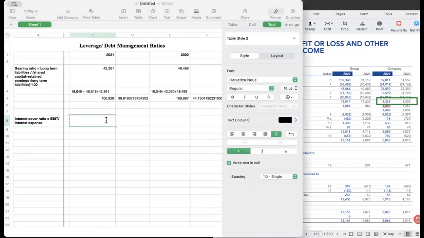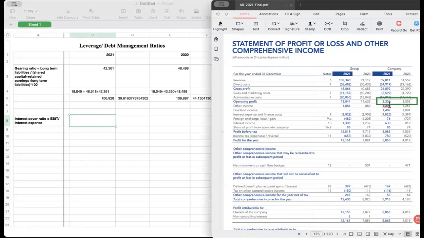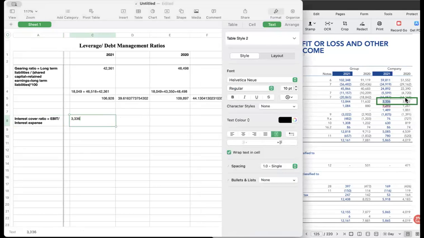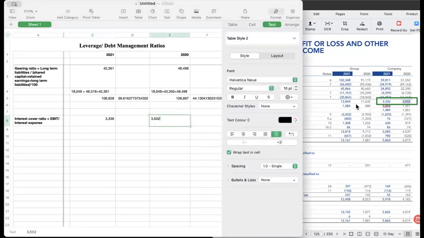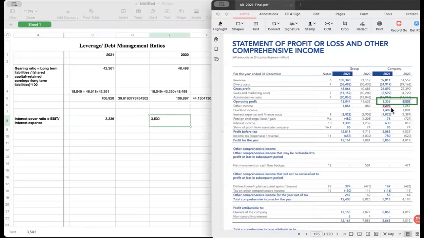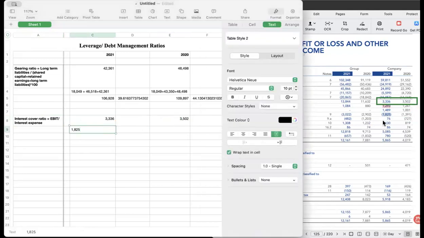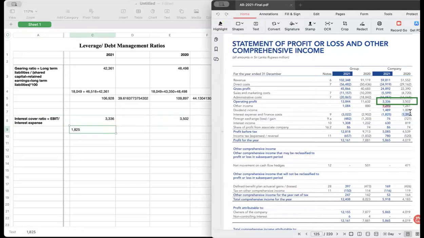Okay, I'll quickly calculate the interest cover ratio. We have the operating profit, 3336 and 3502. And what's the other one? Interest expenses. Interest expenses over here. And actually, I wanted to take only the interest expense excluding the finance cost, but there were not many details related to interest expense. So I'm going to take the whole thing.